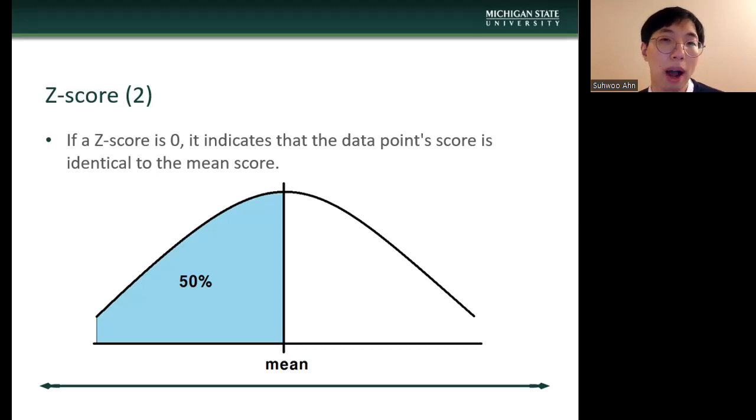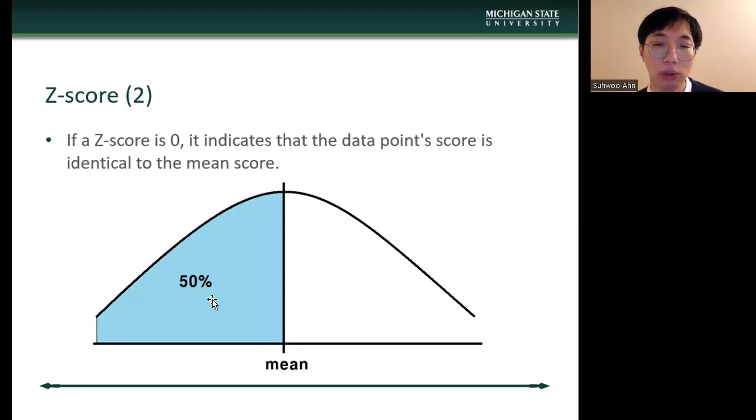Also, by looking at the z-score, we can estimate the proportion of cases below or above the z-score. When you think about a distribution like this, a normal distribution, it is really symmetrical. Half of the cases are above the mean, and half of the cases are below the mean. So suppose that there are 200 COM300 students, and their average score is 80.